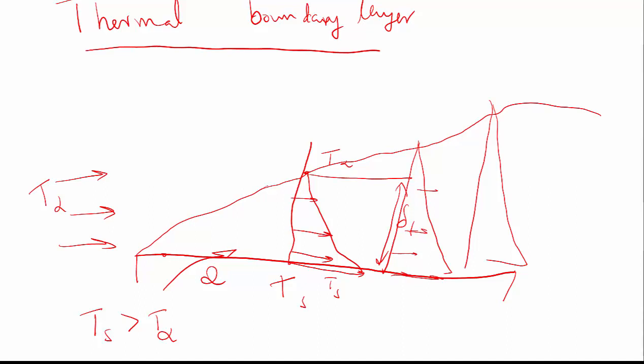The boundary layer thickness is the point where the temperature reaches T minus T alpha, which is equal to 0.99 of T alpha minus Ts.